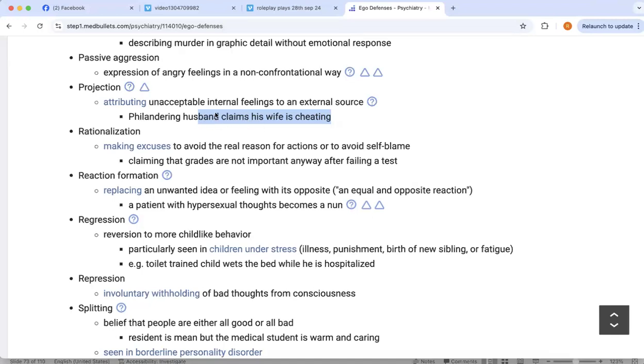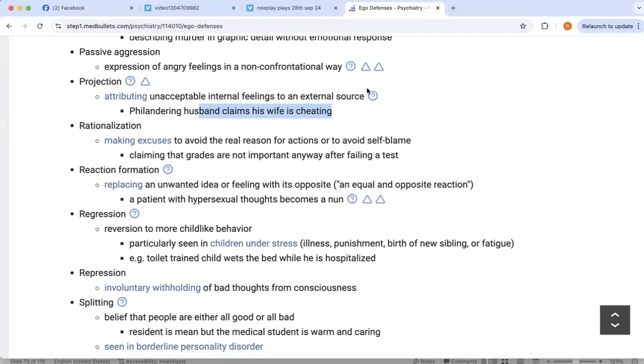Let's say the husband is actually cheating on the wife, but he projects that blame onto the wife, the opposite person. That is what we call projection. It can get quite confusing in the exam because more or less they are the same.